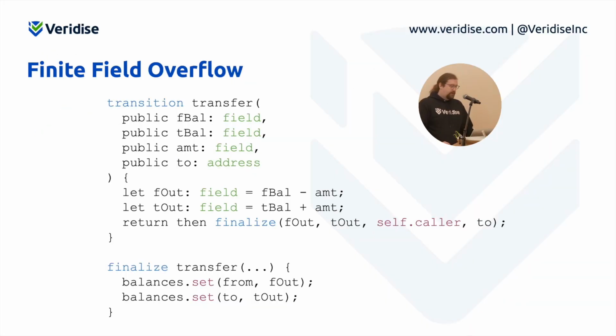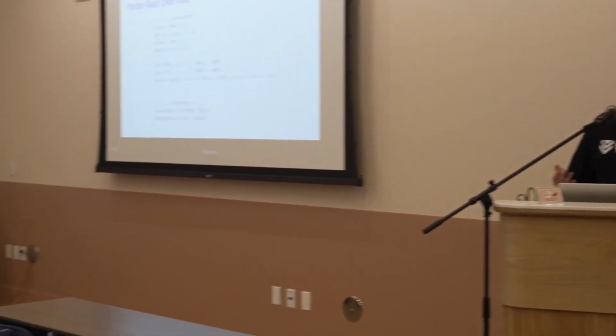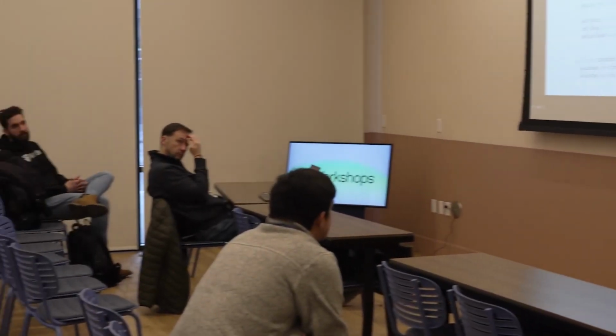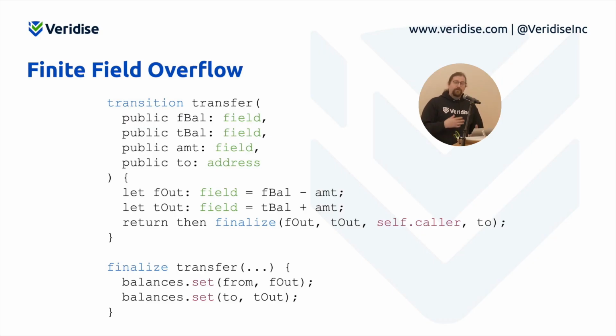And so, for example, if someone were to use a field for these transfer functions, someone could cause an arbitrary overflow or underflow in order to gain a large balance. And so in this case, you have to be cognizant of what data types you're using and look for those overflowing or underflowing behaviors, because in some cases it might be desirable to allow them, but in many cases it's not.